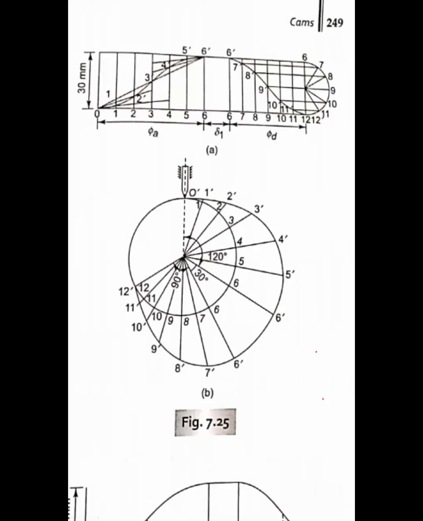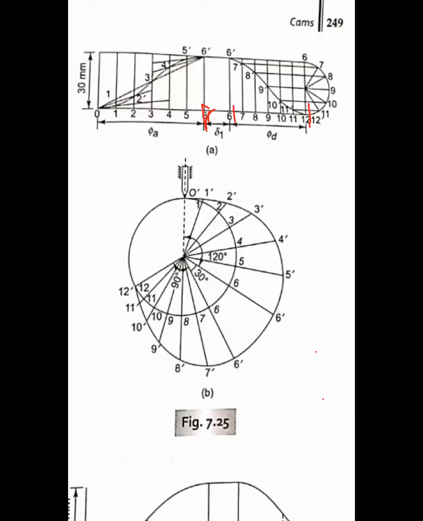On our line, first place the outstroke period. Outstroke is 120 degrees, which means 60 mm length. Later, the dwell period is 30 degrees, which means 15 mm length. The return stroke is 90 degrees, which means 45 mm. And the remaining dwell is 120 degrees.